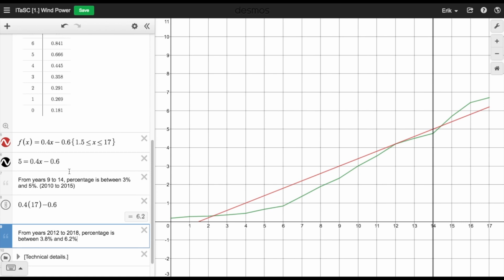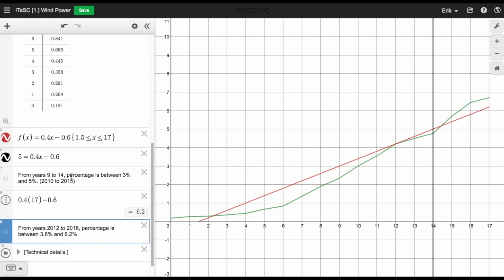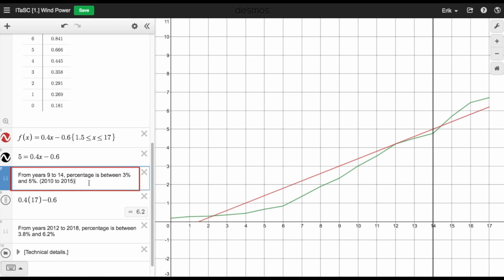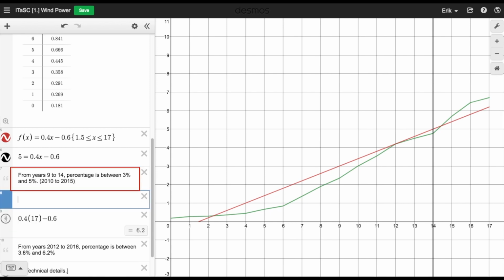Now, what I'd like to do before we finish is express both of those in terms of intervals. So if we go back up to our top example, we know that the percentage is between 3 and 5, and that was our starting point. We now have years being 9 to 14.